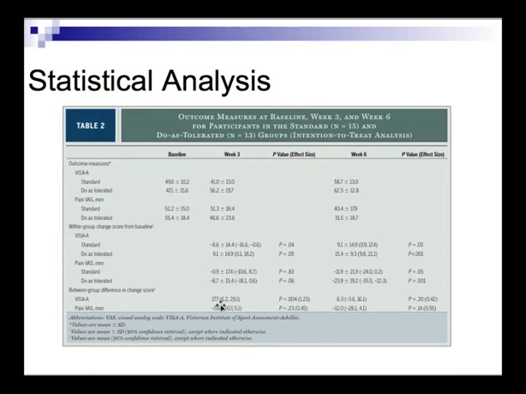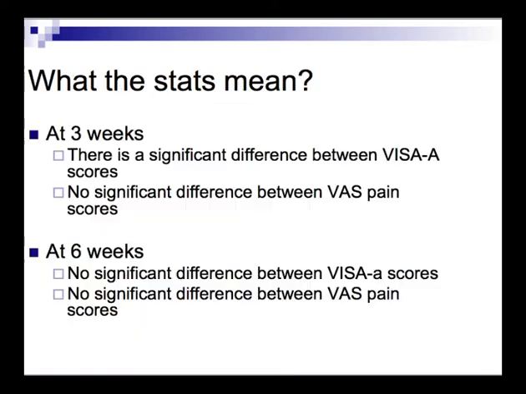All right, so we have a couple of questions though. This 17.7 looks fairly big, and we know it's significant, but we also want to ask the question, is it clinically significant? Because we know that statistical significance doesn't always equal clinical significance. So how can we judge whether it's clinically significant as well as statistically significant?